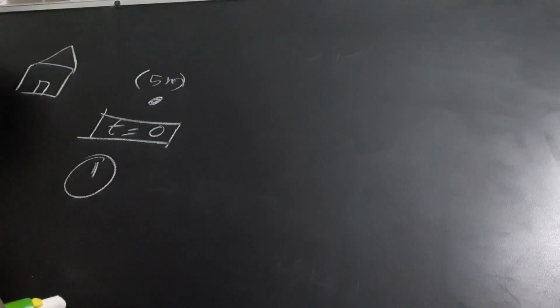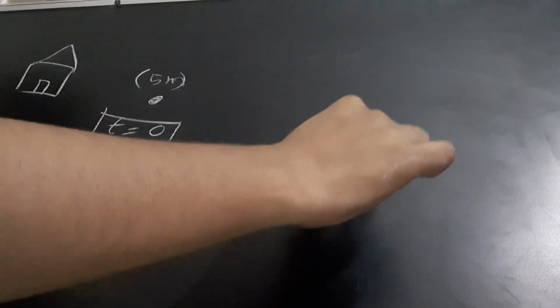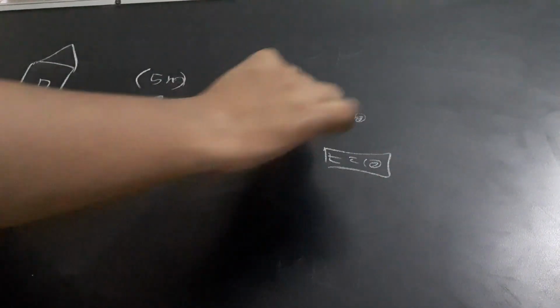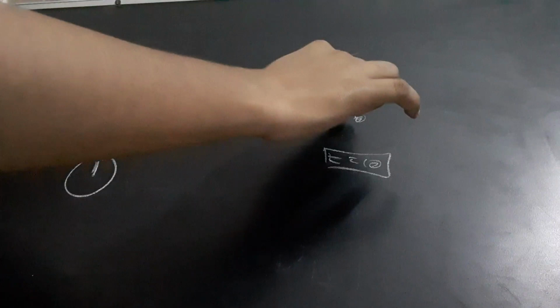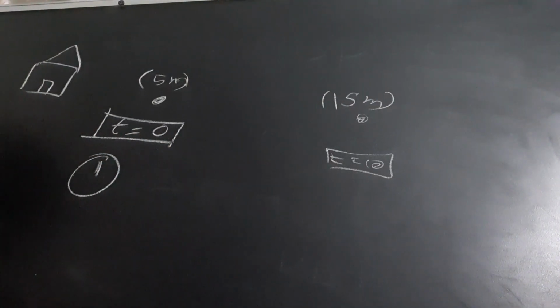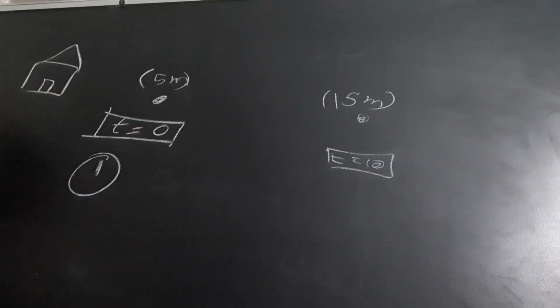Now, after 10 seconds, this particle reaches somewhere here, let's say 15 meters away from my house. So now I want to calculate the speed of this particle.